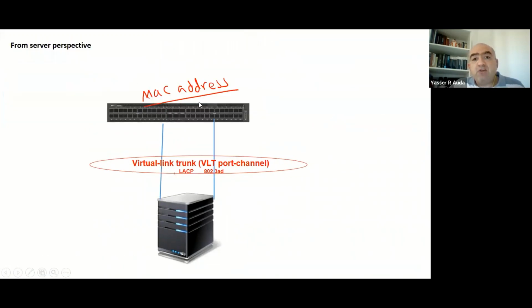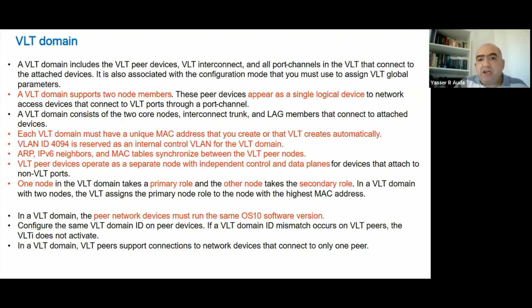So normally the VLT feature will create a virtual MAC address for you. As a best practice, and to help you later in troubleshooting, you can give this MAC address yourself, or you can leave VLT to create it automatically for you. It is optional.